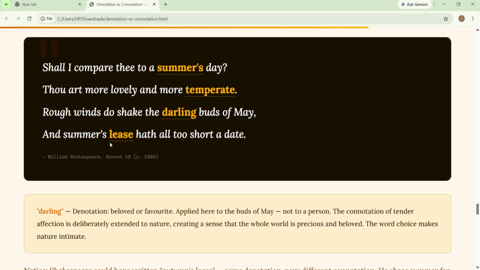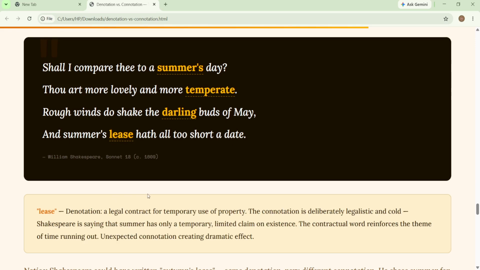And summer's lease hath all too short a date. So lease, the denotation is a legal contract for temporary use of property. The connotation is deliberately legalistic and cold. Shakespeare is saying that summer has only a temporary, limited claim on existence.